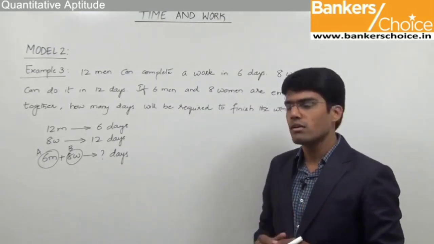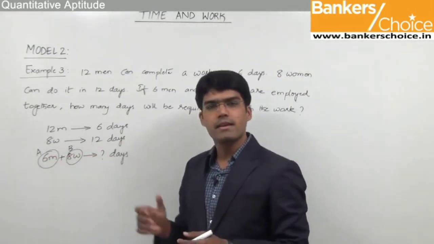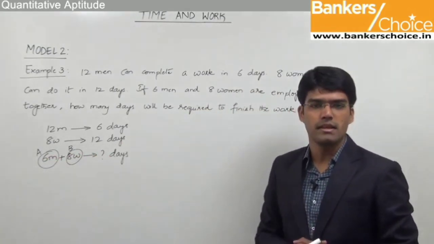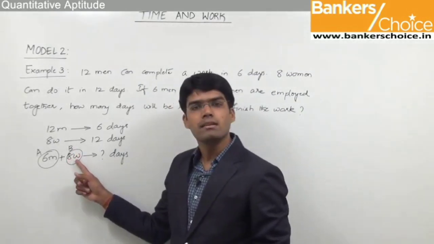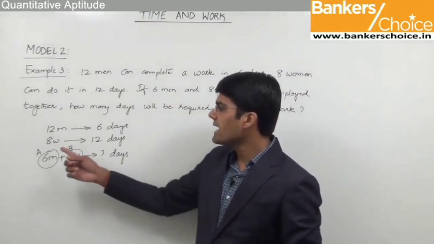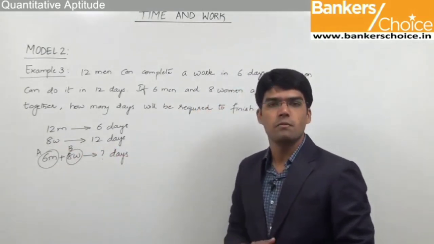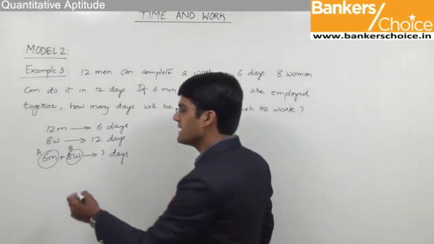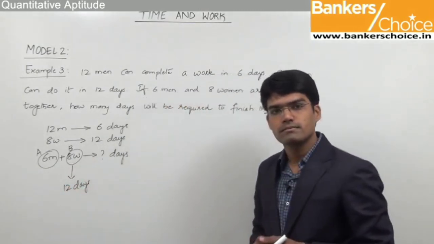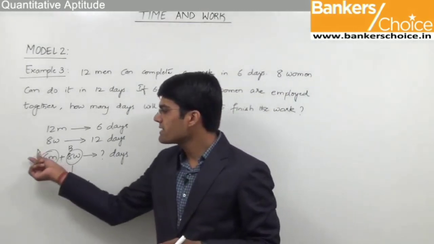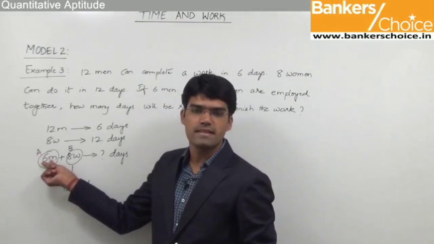So let us now work on finding out the number of days required by the persons A and B individually. As we can see here, person B is nothing but the group of 8 women. And we know that 8 women can finish this work in 12 days. So we can directly say that B will take 12 days to finish the work. When it comes to person A, we have got a group of 6 men.